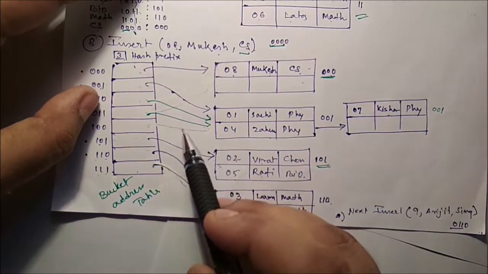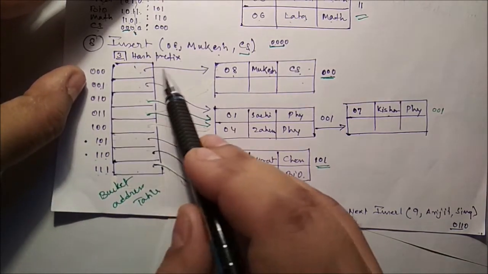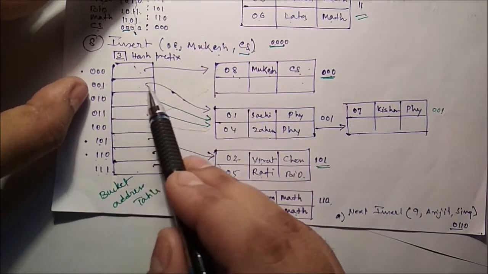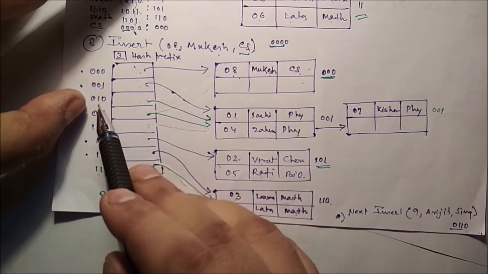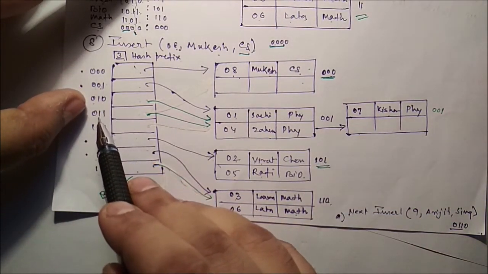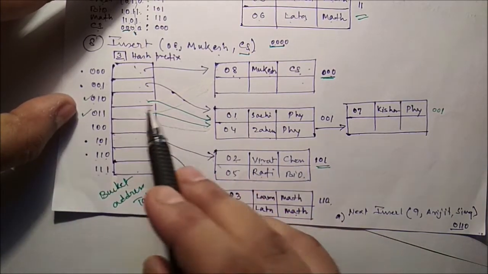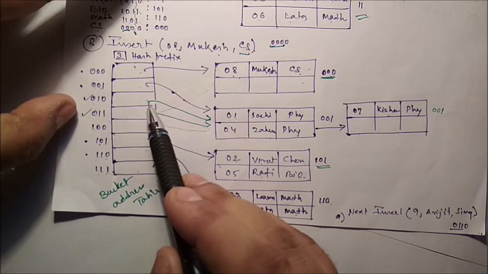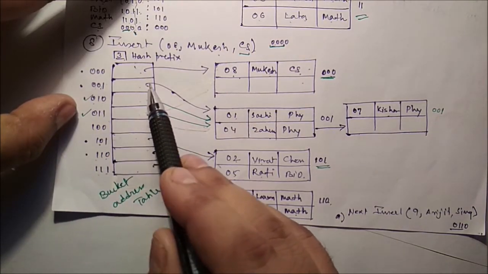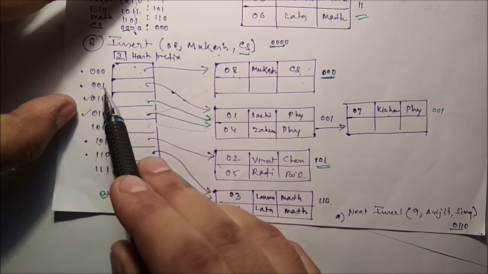Now we can see there is a link for 000. There is a link for 001 because of the physics subject. For the two combinations 010 and 011, there is no record. So for these two, it will point to the previous one. 010 is pointing to the 001 bucket.